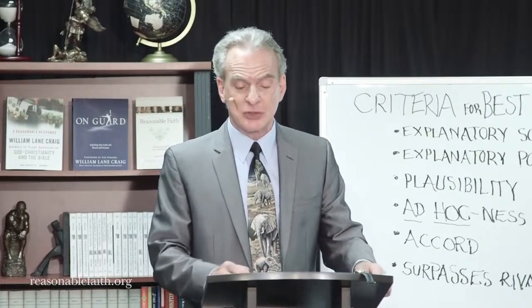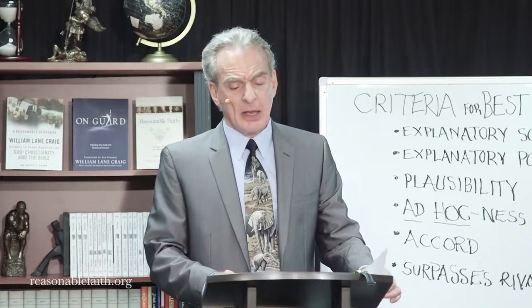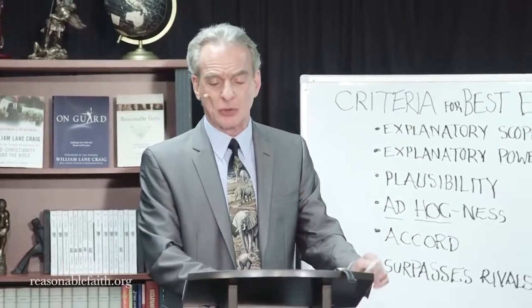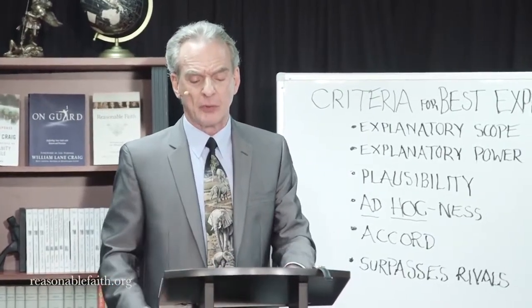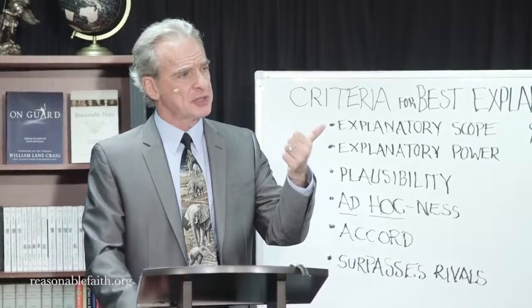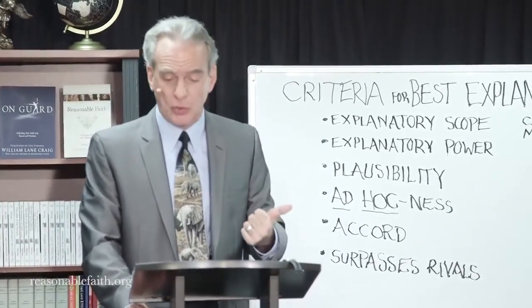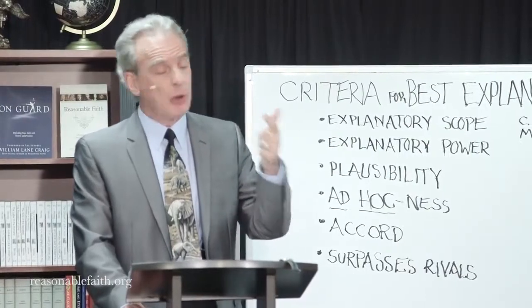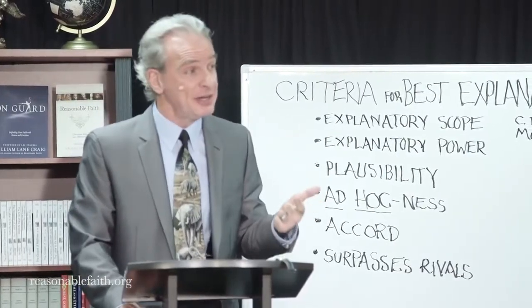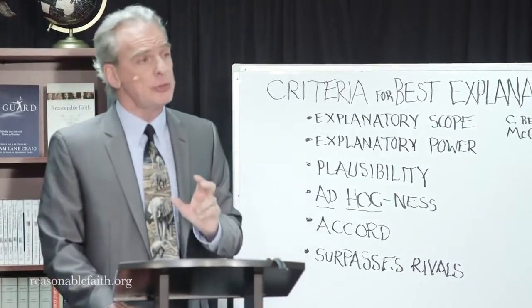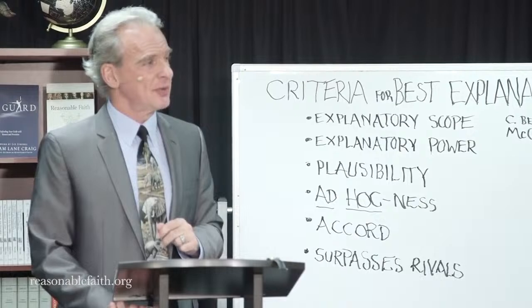First of all, explanatory scope. The conspiracy hypothesis does seem to have adequate explanatory scope. It covers the full range of the evidence. It offers explanation for the empty tomb, namely the disciples stole Jesus' corpse, the postmortem appearances, they lied about these, and the origin of the disciples' supposed belief in Jesus' resurrection.